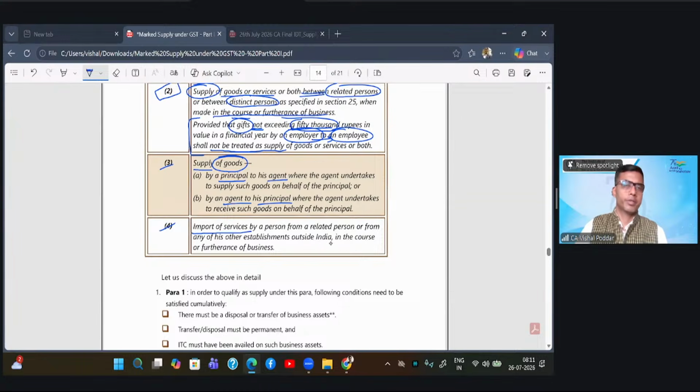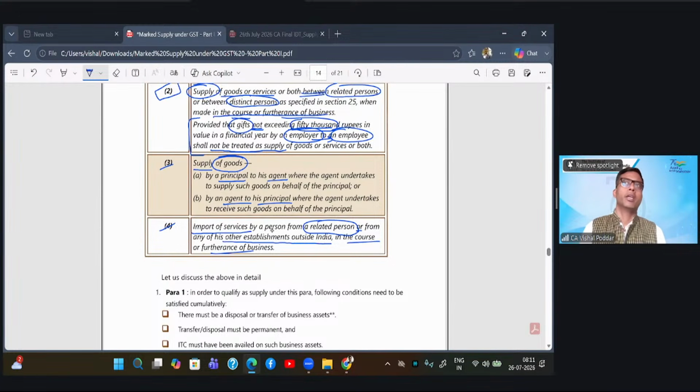Next is import of service. Now, when you are importing service from a related person or from your own entity which is outside India, so let us say you have a branch outside India and you are importing any service from them and it is done in the course of business, such import of service will be deemed to be a supply.